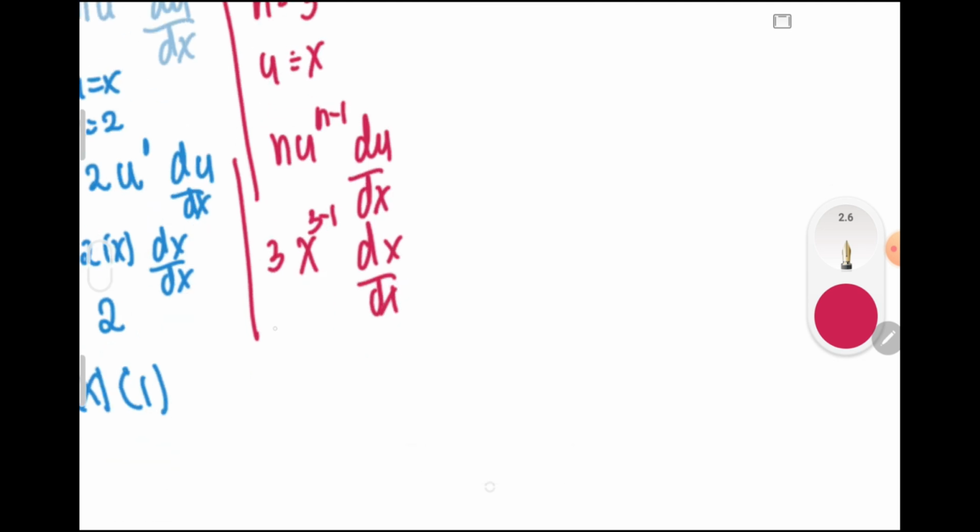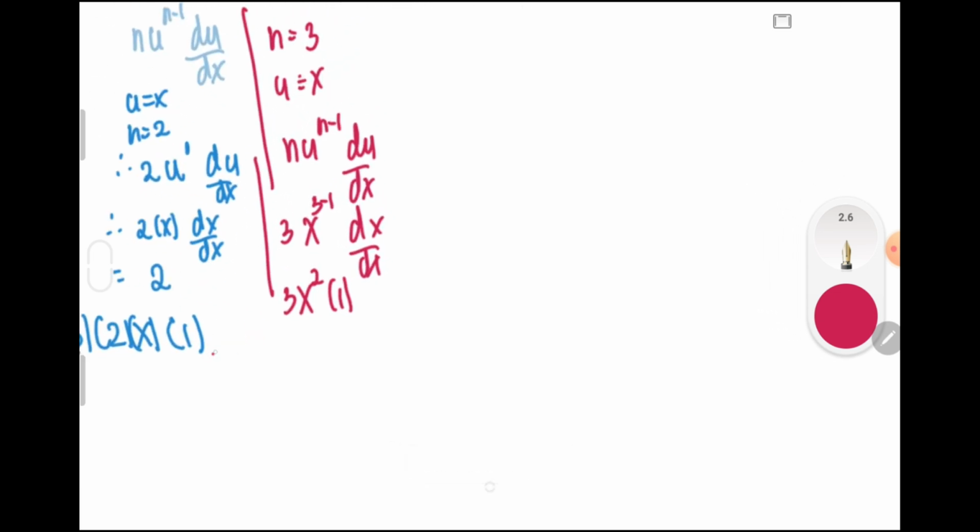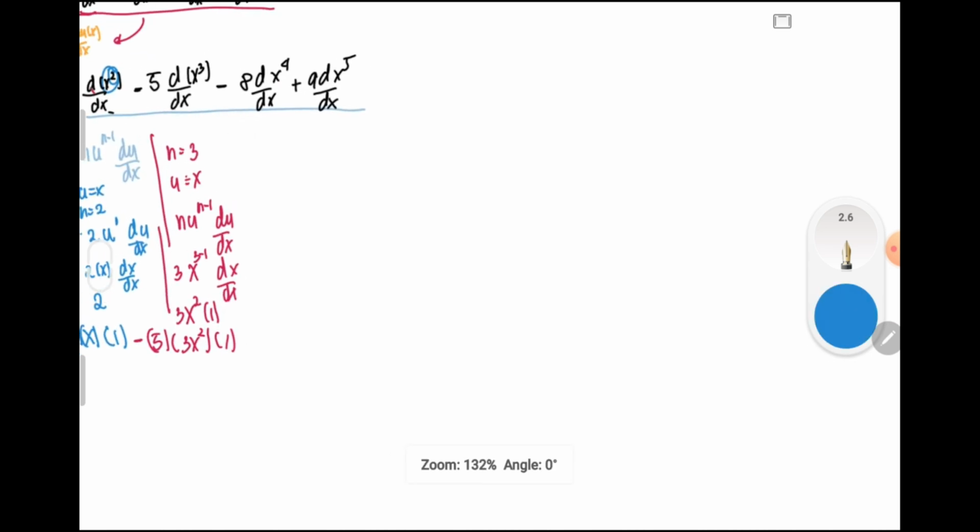So we'll have a value of 3x squared multiplied by 1. So from this, we'll have a value equal to negative 5 multiplied by 3x squared.